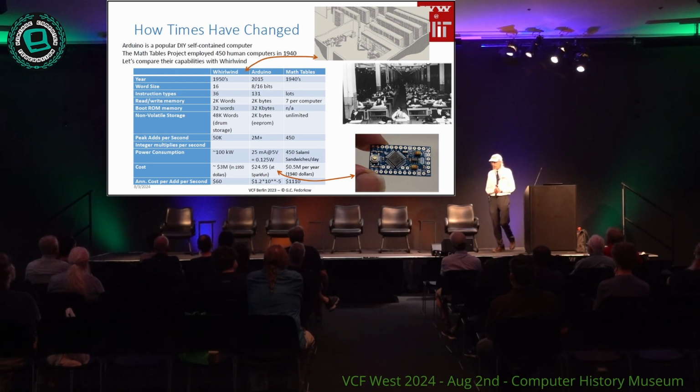Right? It's the 2K space, 50K of non-volatile storage, 16-bit architecture, et cetera, and so forth. But compared to the math tables project with 450 people in a room with calculators, this is really fast. Right? It's just astonishing.